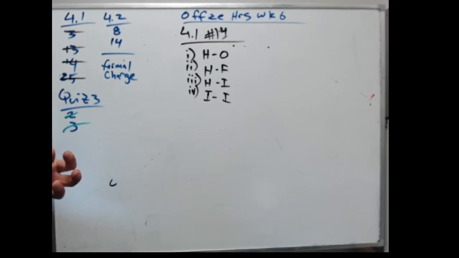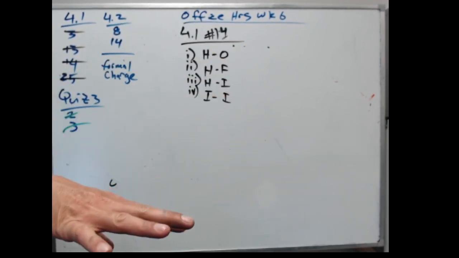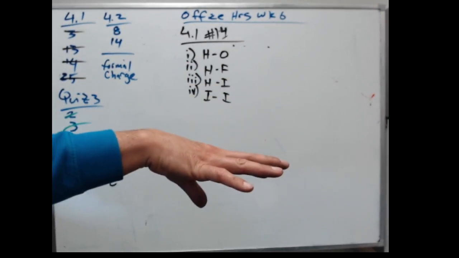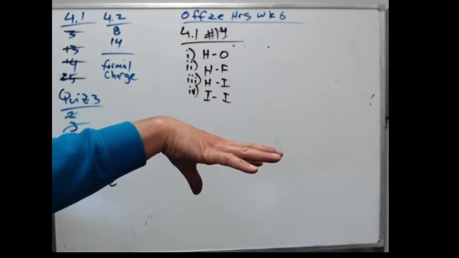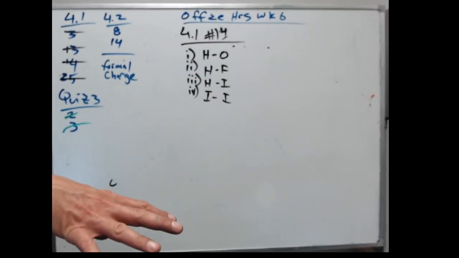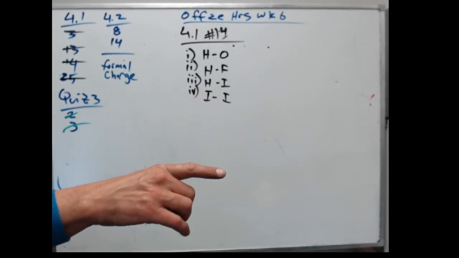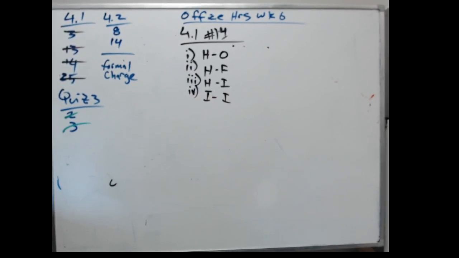Increased electronegativity might make the bond weaker. I'm going to have to double check that. There's a thing I need to double check on how electronegativity affects bond strength. So if you wrote that down in your notes, put a big question mark next to it. If you wrote down increasing electronegativity increases bond strength, put a question mark next to that. I might have it backwards, and I just want to double check before I say for sure. So I'm going to get through these and then remind me to double check that.